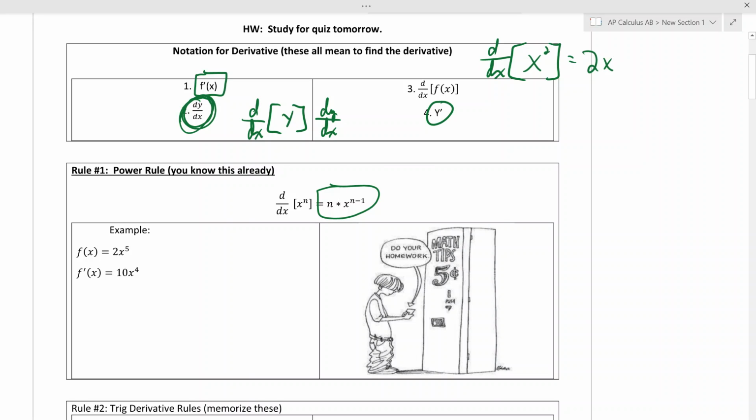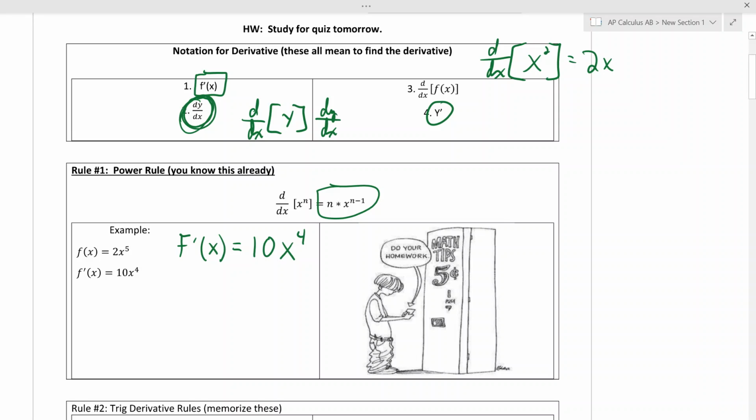So if f of x is 2x to the fifth, f prime of x is 10x to the fourth. You multiply the exponent down to the front, subtract 1 off. That works with fraction exponents. It works with negative exponents, but it has to be a number times x to a power. I wrote 10x to the fourth.